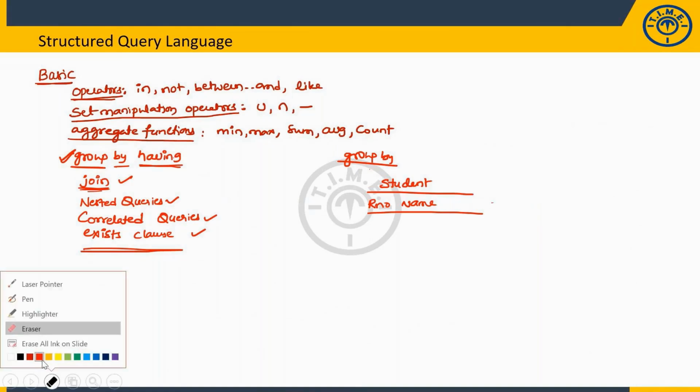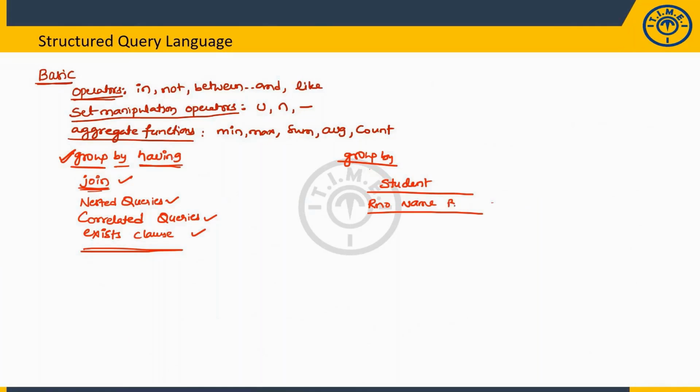Roll number 1, name A, branch CS; 2, B, CS; 3, C, CS; 4, D, IT branch; 5, E, IT branch.